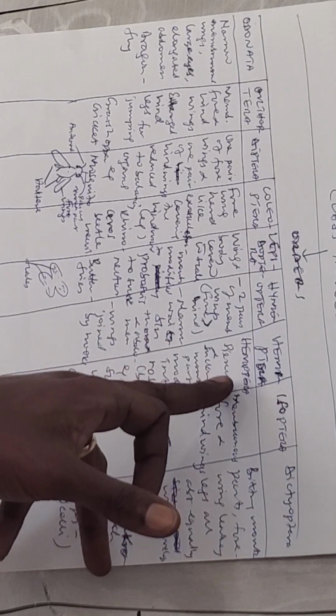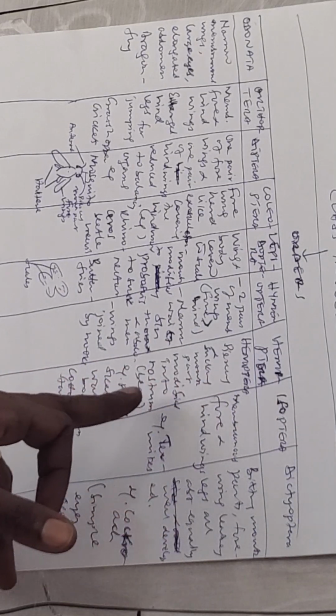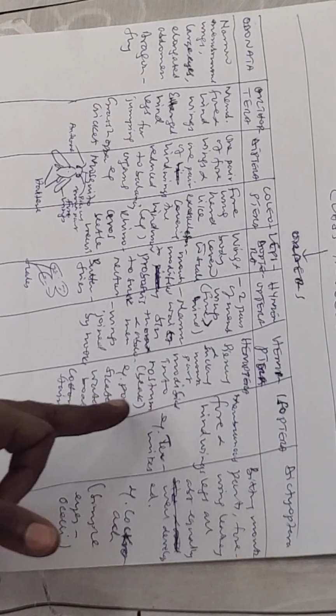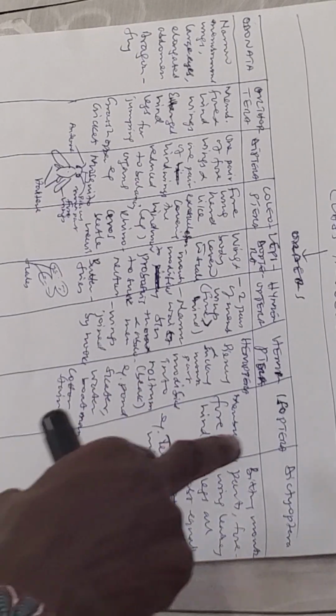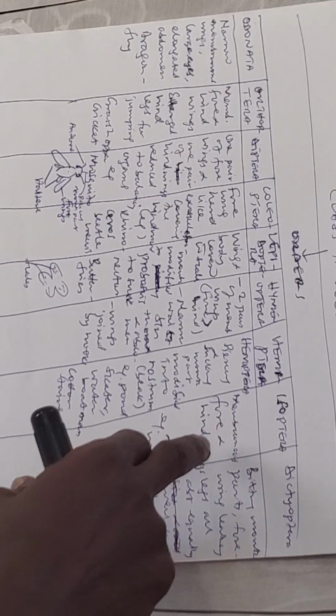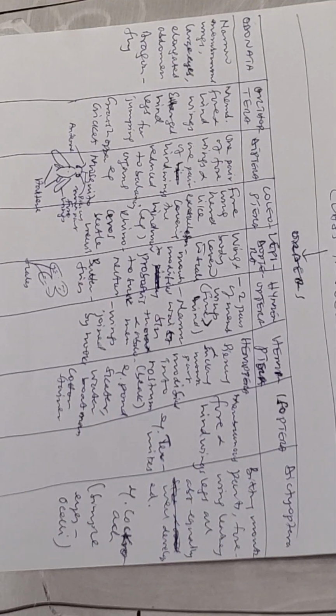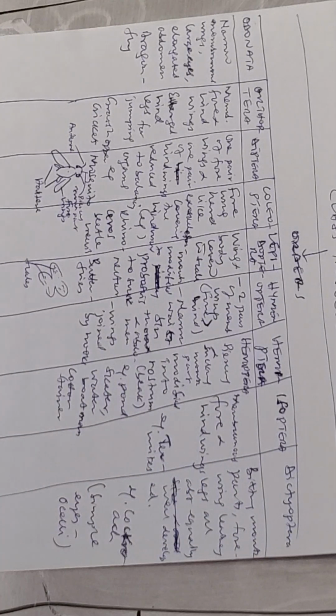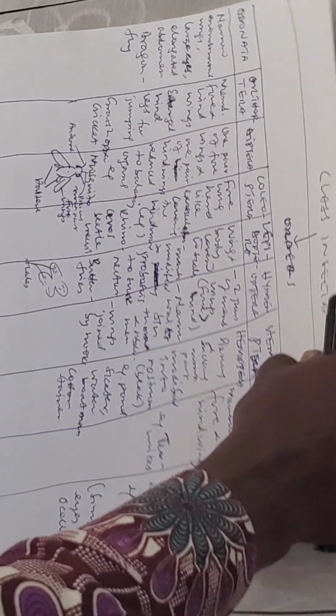We have piercing and sucking mouth parts, modified into what you call the rostrum or the beak. Then we have the Isoptera, with membranous fore and hind wings, termites as an example, and then the Blattodea, the example is the cockroach.